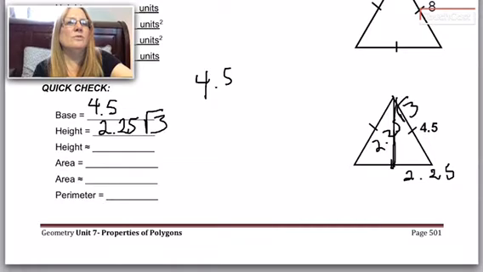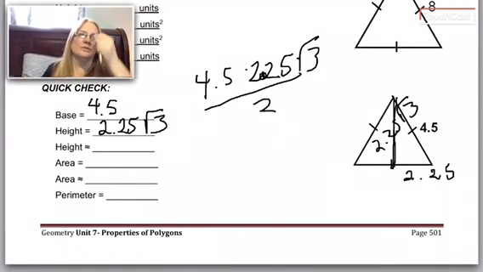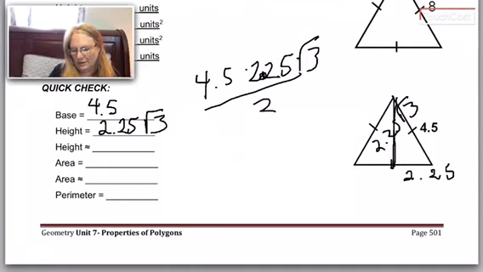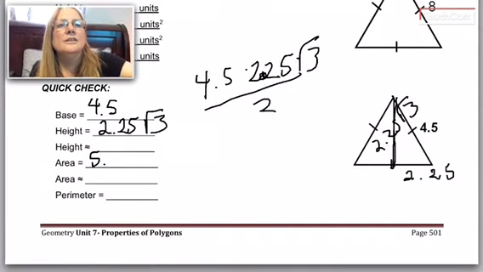So our area is 4.5 times 2.25 times the square root of 3, divided by 2. Let me use my calculator for that. 4.5 times 2.25 divided by 2 is 5.0625, times the square root of 3.